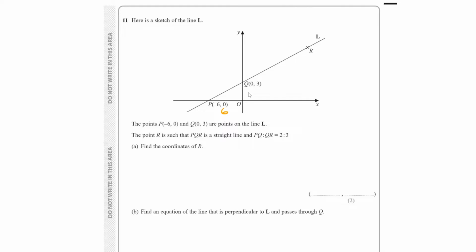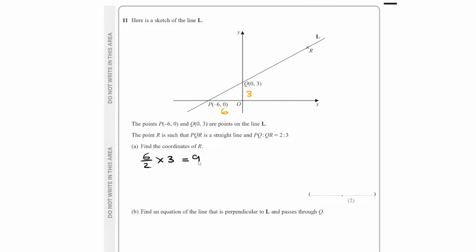And then up, it's a distance of 3. Now that's on the side of 2, isn't it? So for each of those individually, 6 divided by the 2 to give me 1 part of the ratio, and then times it by 3. Or you can just times it by 3 over 2. Same thing, isn't it? So that should give you 9 for the x.